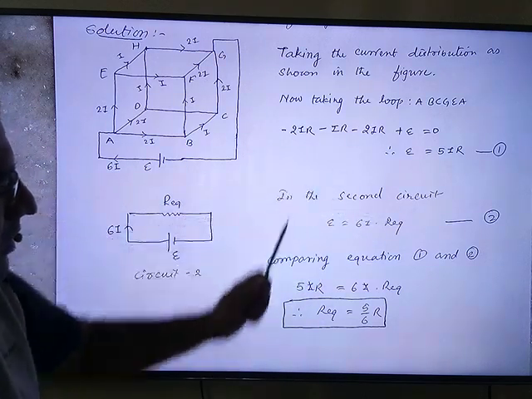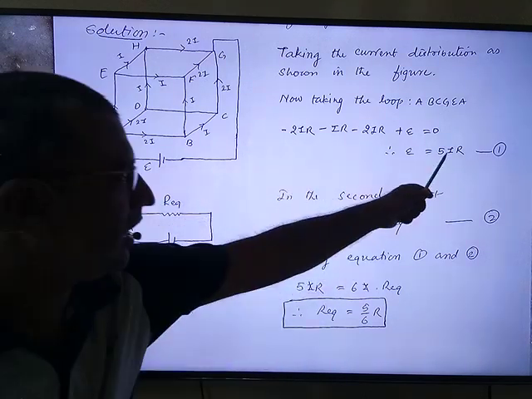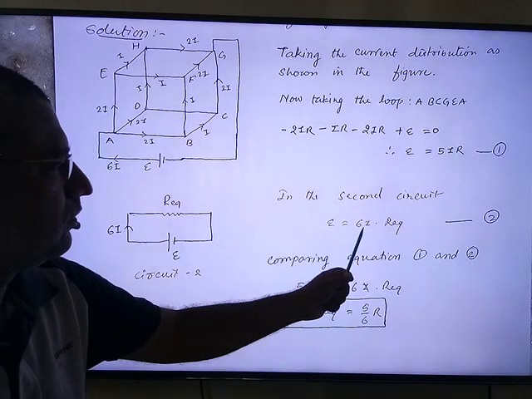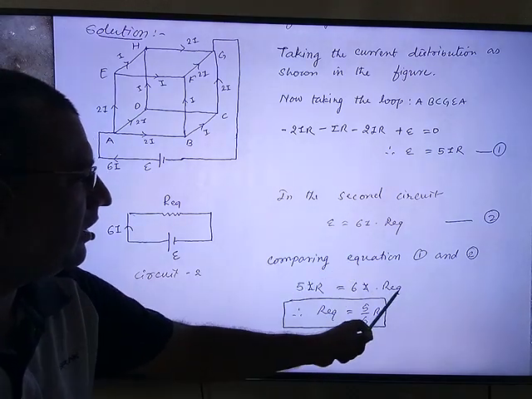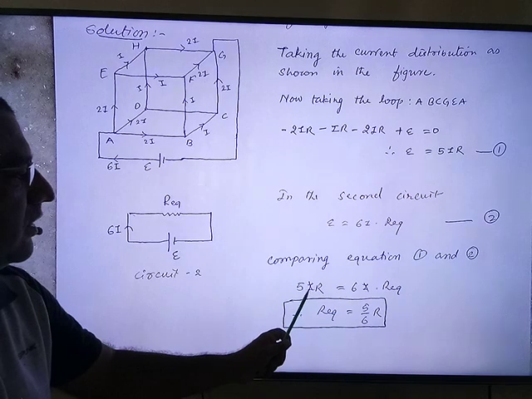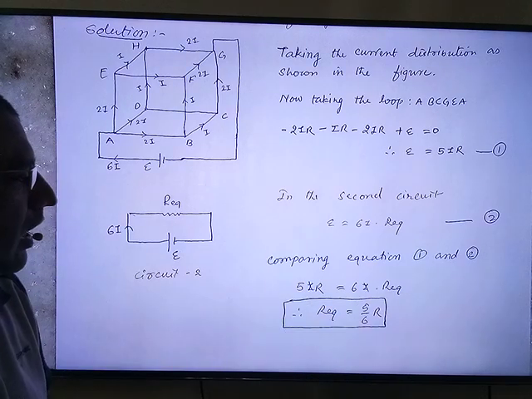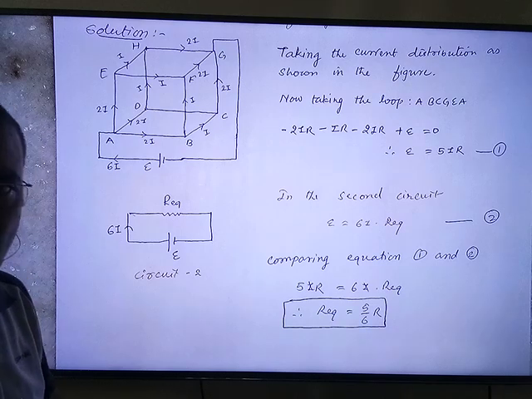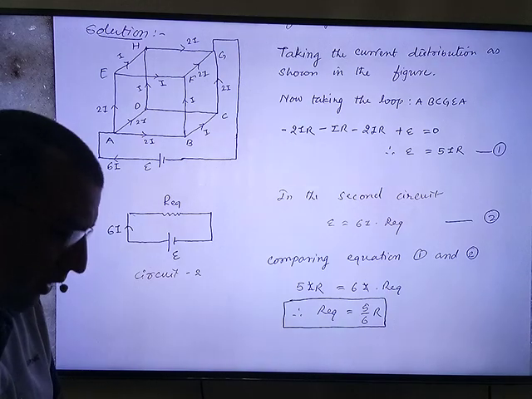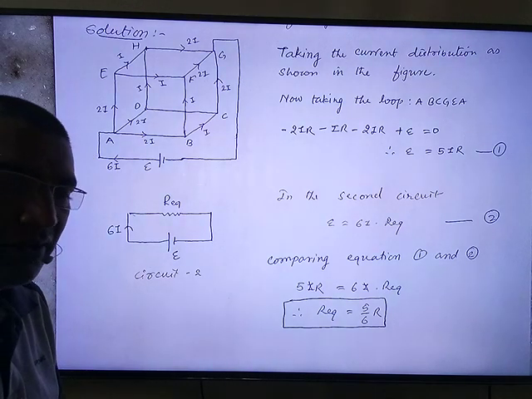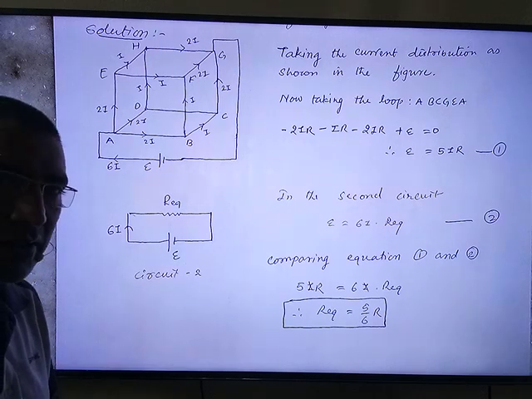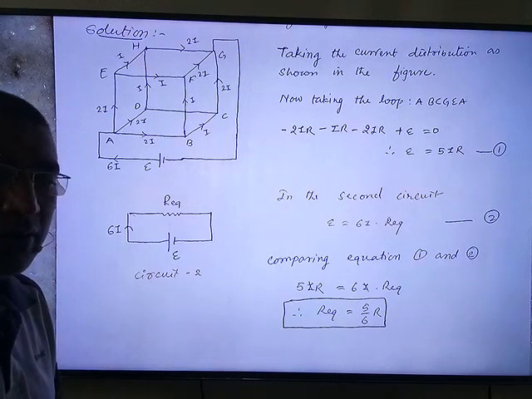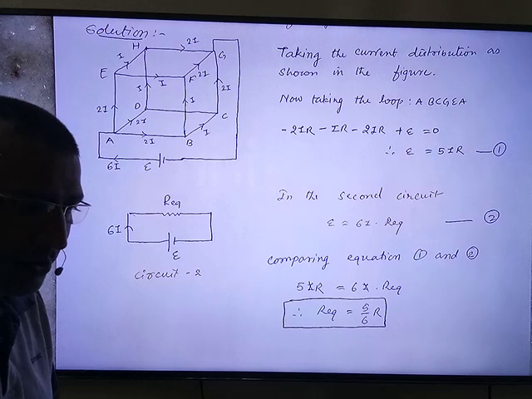Comparing these two equations, I get 5IR is equal to 6I REQ. Cancelling I, I get REQ is equal to 5 by 6 R, and that's the equivalent resistance of the skeleton of the cube between two diagonally opposite points.